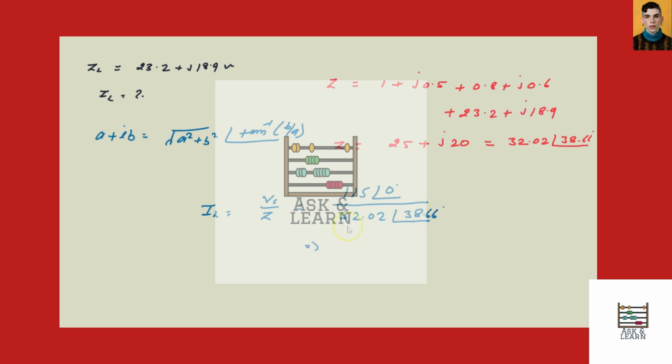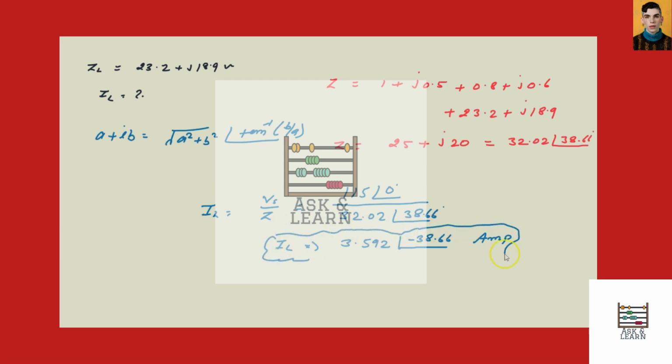Now divide 115 by 32.02. The value will be 3.592, and if we shift the angle in the numerator term, it is minus 38.66 ampere. So this is the resultant load current across the load in the given transmission line circuit.